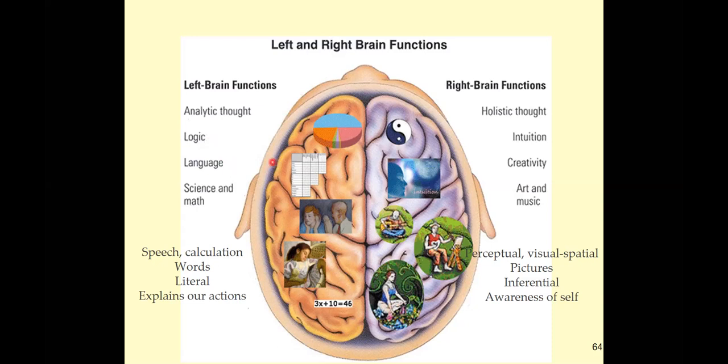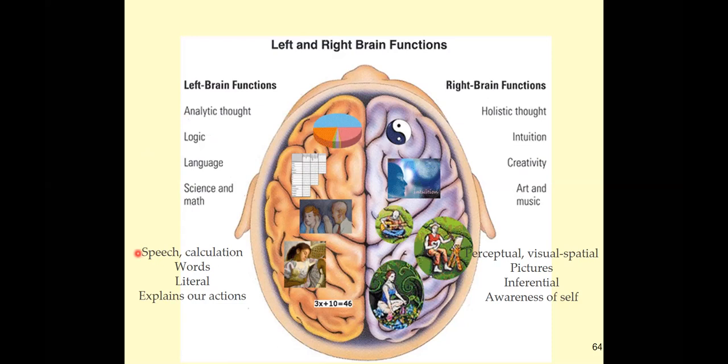The left side also contains the language areas in most people. When we're doing science or math, the left side of the brain needs to get involved to a great extent because it involves a lot of analytic thinking and logic.